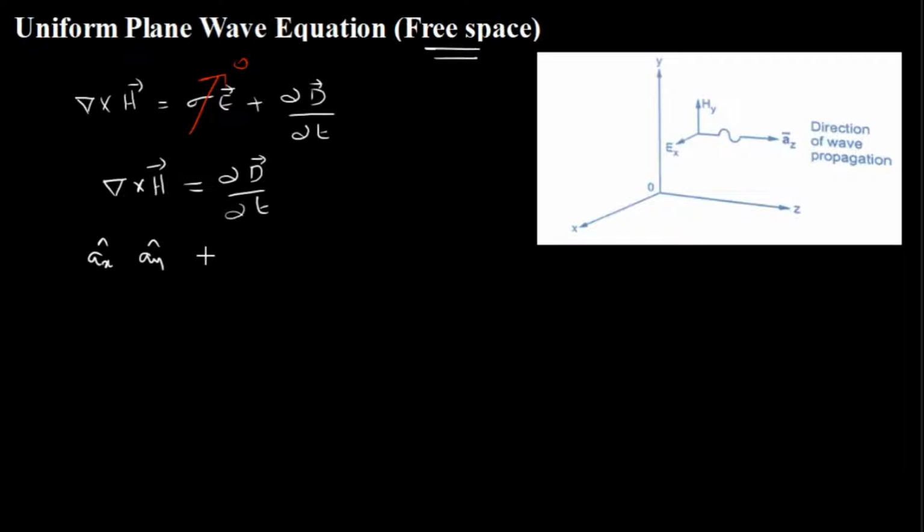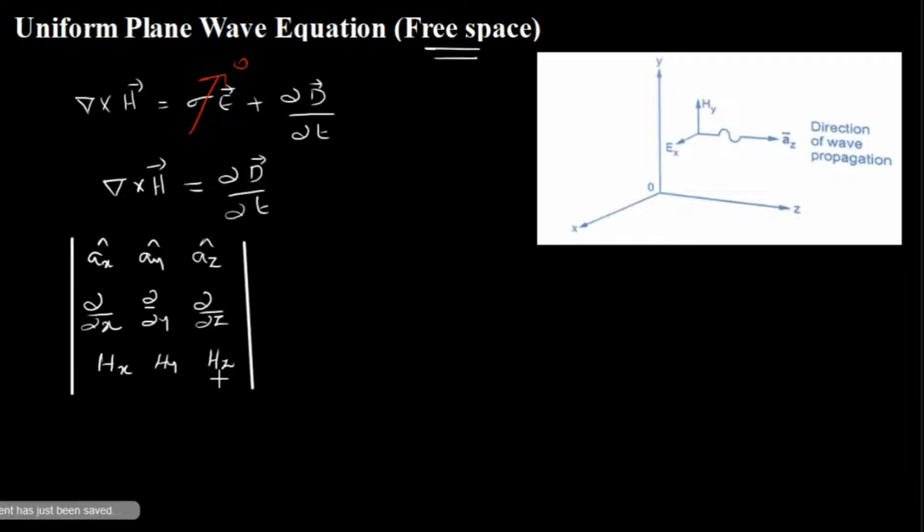So when I represent this in determinant form, I have these three terms with respect to Hx, Hy and Hz. This is how we find the determinant, if you remember. So this is equal to del D by del t.